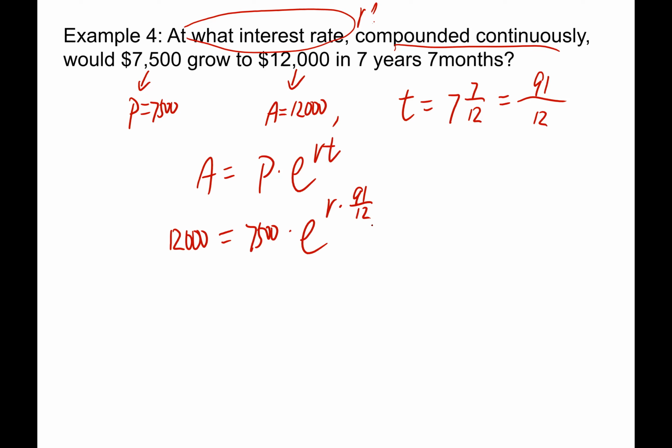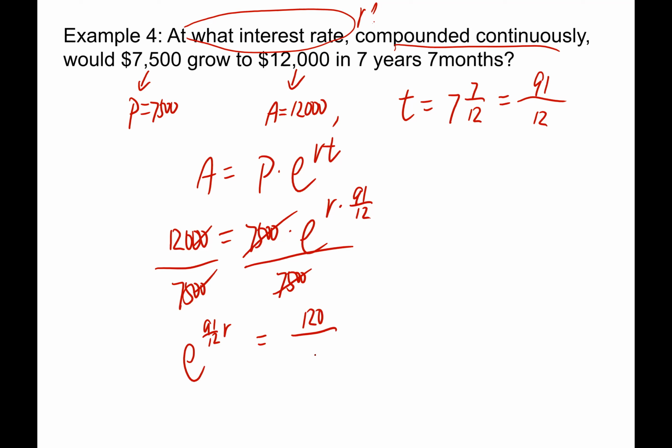And here we're solving for r. So first of all, dividing 7,500 from both sides of the equation. Cancel that. Then we can drop the 2 zeros, right, if you want to. So it becomes 120 over 75. So e raised to 91/12 r equal to 120/75.